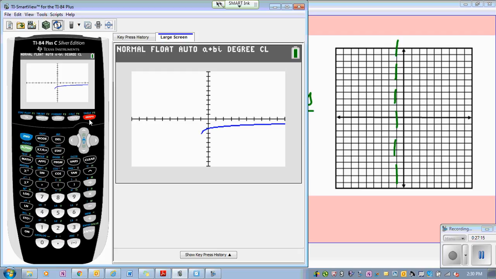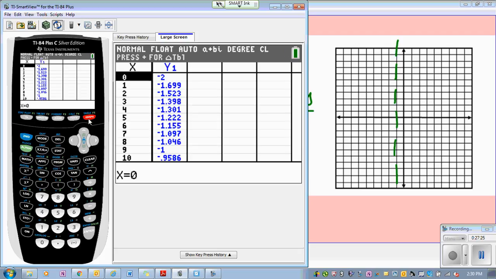Your calculator is not very smart. You've gotta make it run down that asymptote, alright? 0, negative 2, and 9, negative 1. Those are the 2 points I want to use.